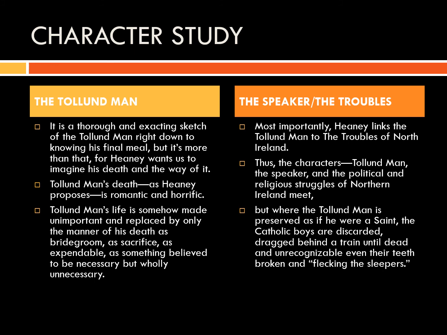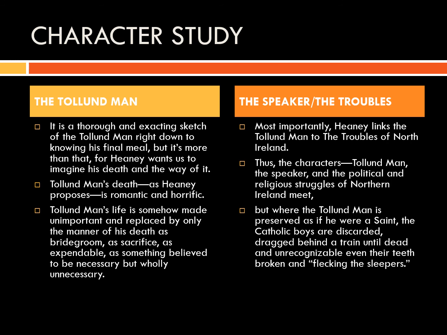So the Tollund Man's life is somehow made unimportant and replaced by only the manner of his death, as this bridegroom, this sacrifice, as expendable, as something believed to be necessary, but wholly unnecessary, in that it doesn't matter how many people you kill, it's not going to actually make you have a better crop.